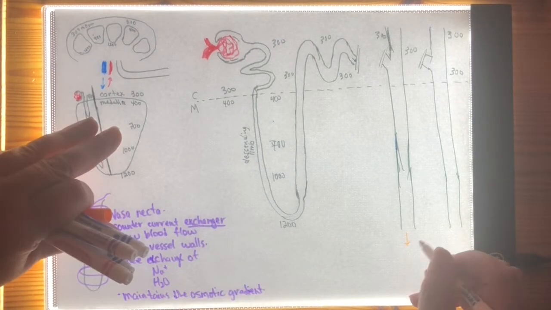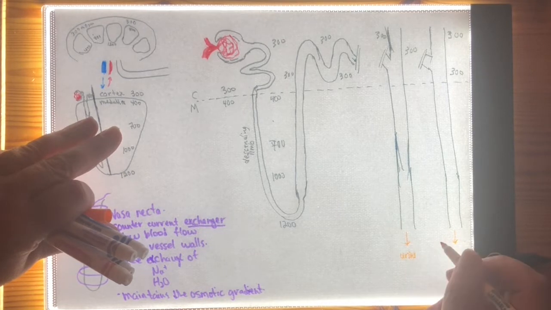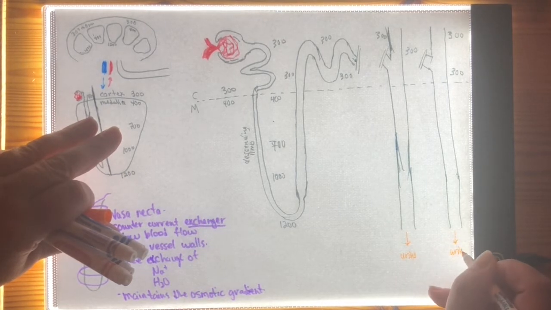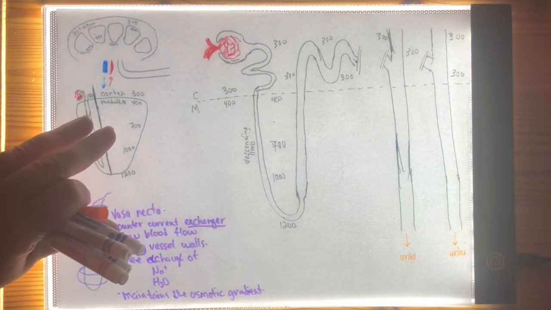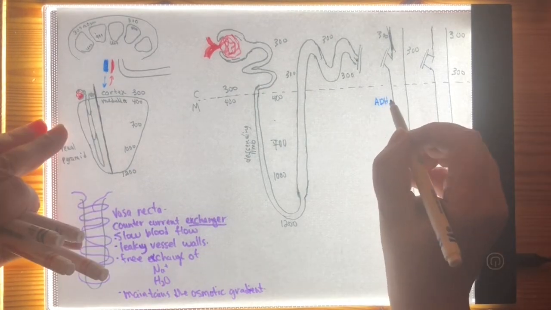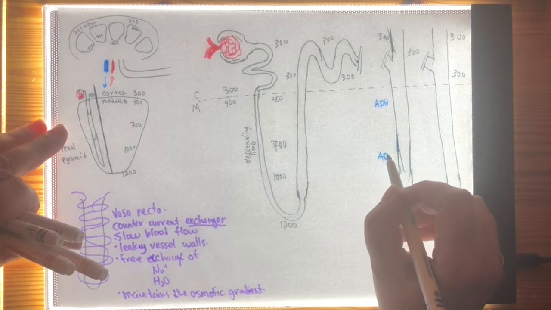And you may recall that we use the color orange to establish filtrate, and also urine. And so we're going to say at the end of these collecting ducts, just to remind you, once that collecting duct moves all the way through the renal pyramid, it's going to move through that renal papilla and into the minor calyx. And at that point, the fluid is going to be urine.